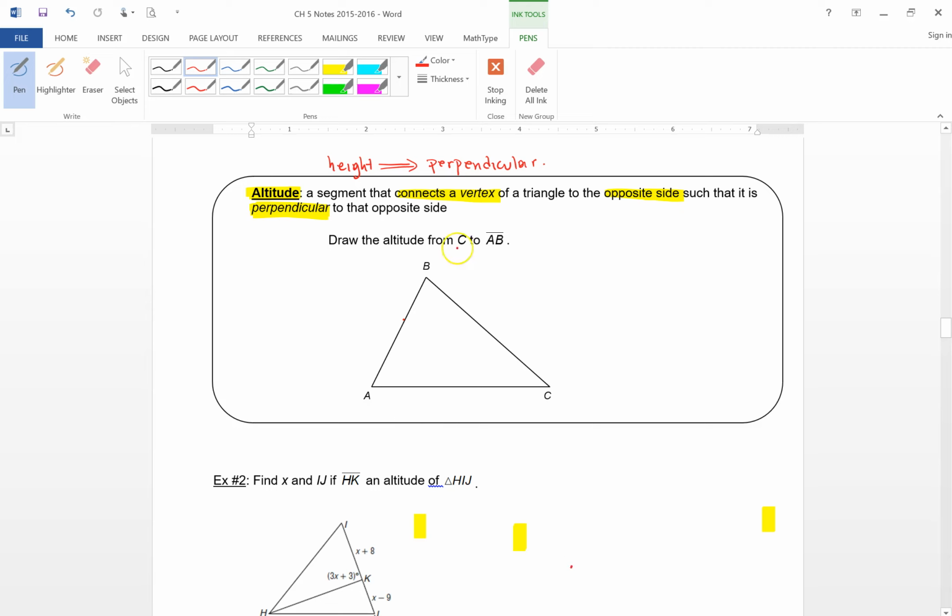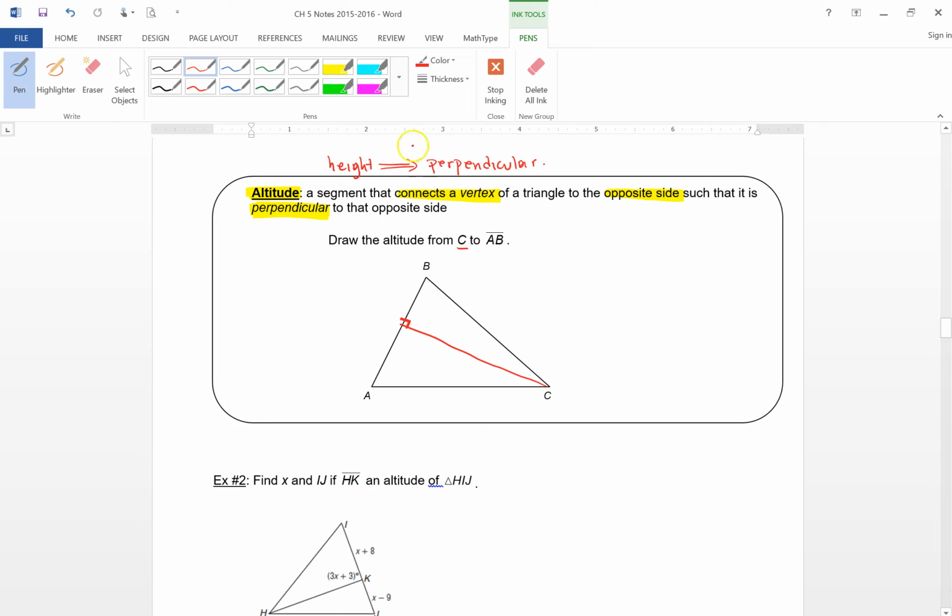Here we have to draw the altitude from C to AB. So from C to AB, but make it perpendicular here. Okay? Does it pass through the midpoint of AB? Not necessarily. Okay, the condition is just that it's perpendicular, and that's the height of that triangle. Okay?